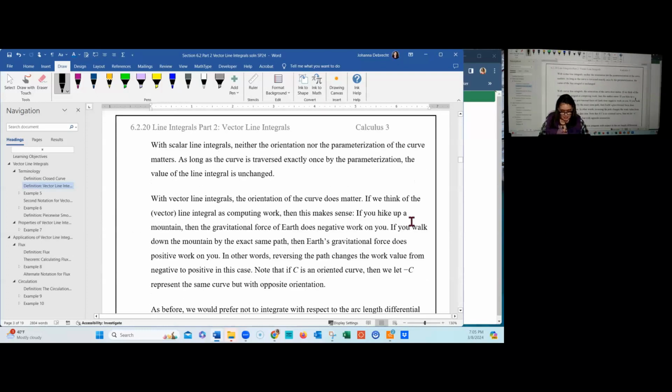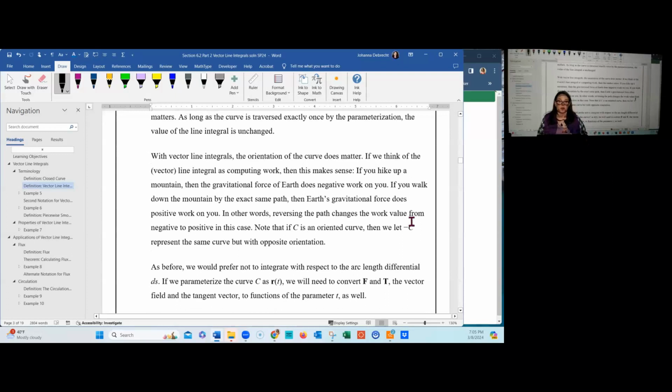In this case, however, with vector line integrals, the orientation does matter. If you move in the opposite direction along the curve, you get the opposite value of the vector line integral. Again, this should make sense if you think about the example of hiking up a mountain with negative work and down a mountain with positive work.